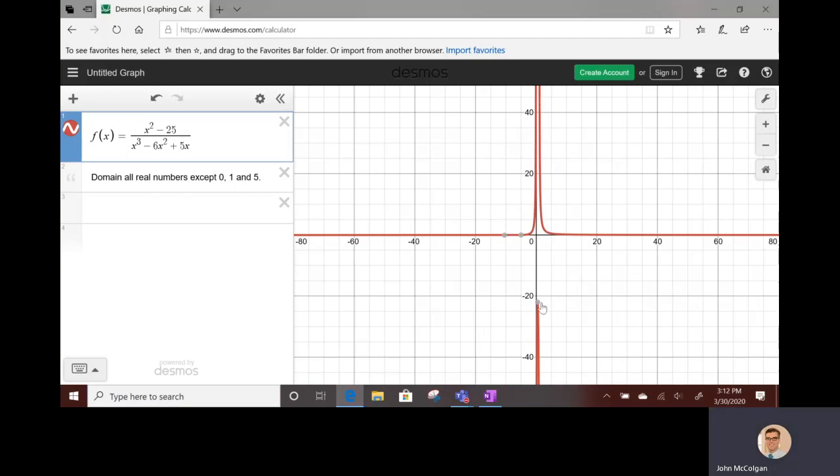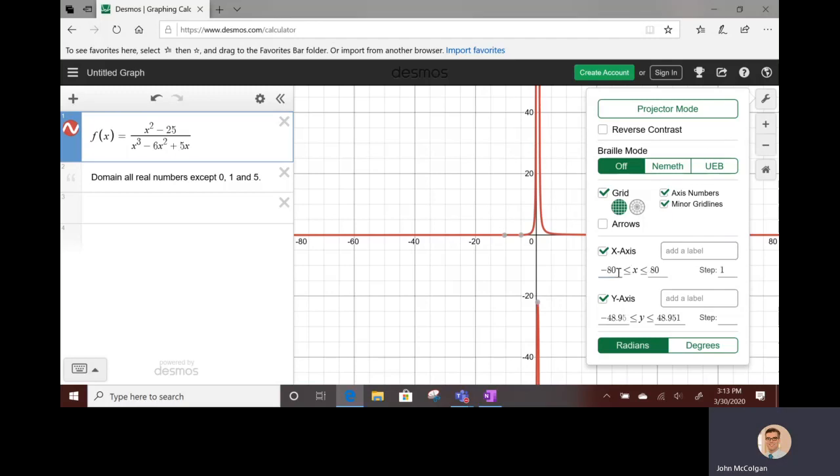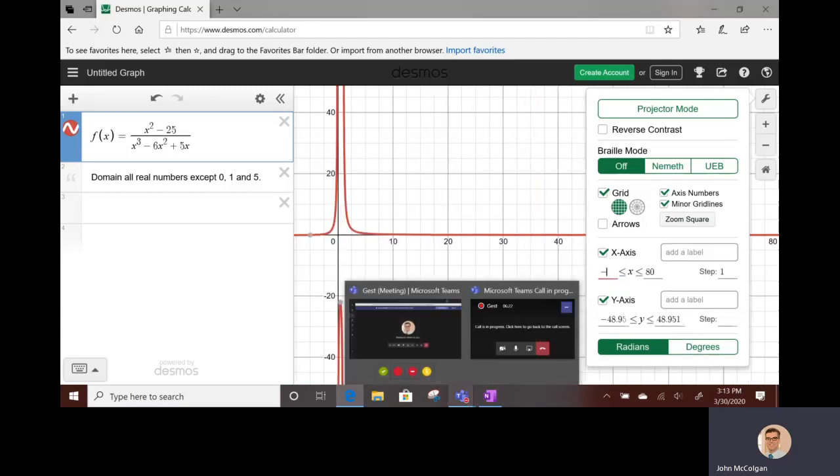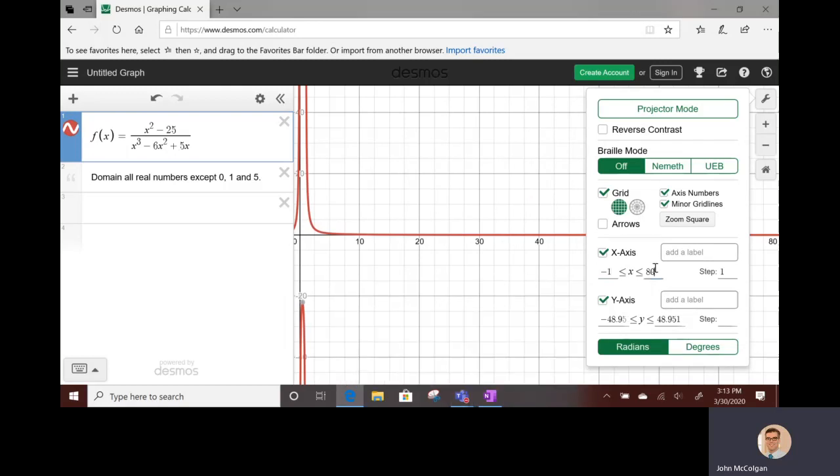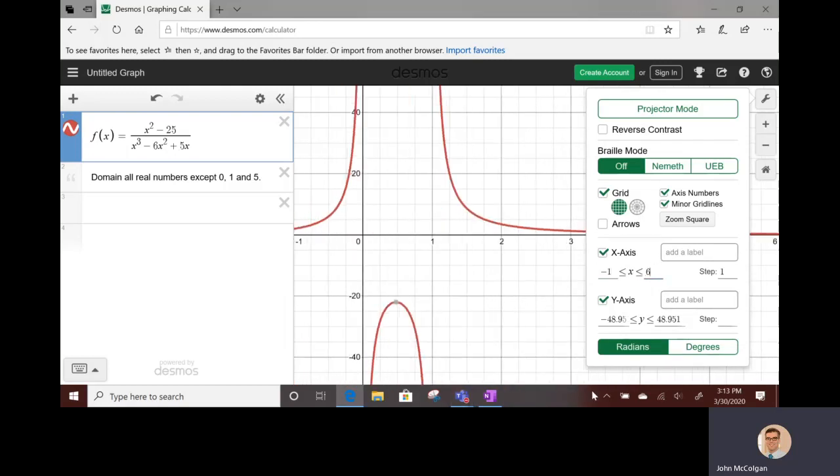And we can also see a bunch of stuff we're not interested in, right? I'm not so much interested in what happens for these x values down here, the -20, the -40, the -60, -80. The only ones I'm really interested in are 0, 1, and 5. I'm not really interested in any of these ones either. So I'm going to switch my viewing window here, so that maybe it goes from -1 up to 6 or something like that for the x values.